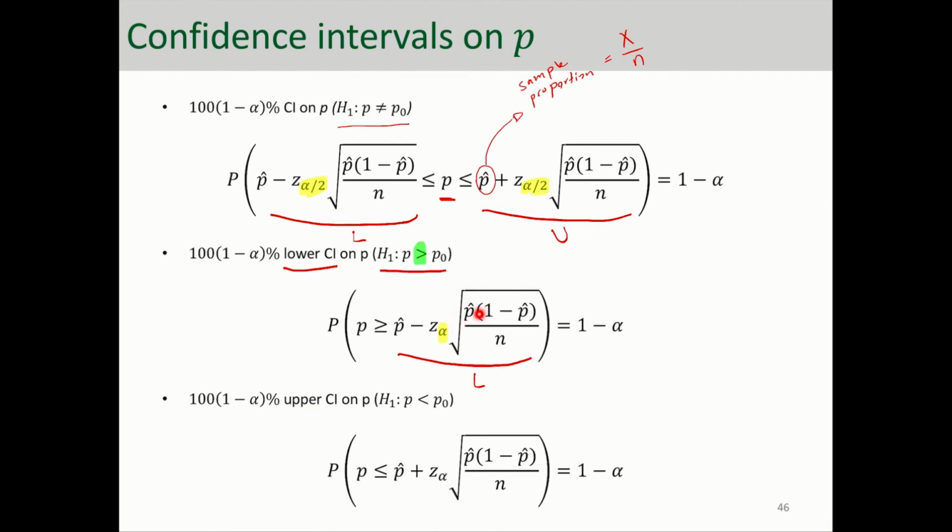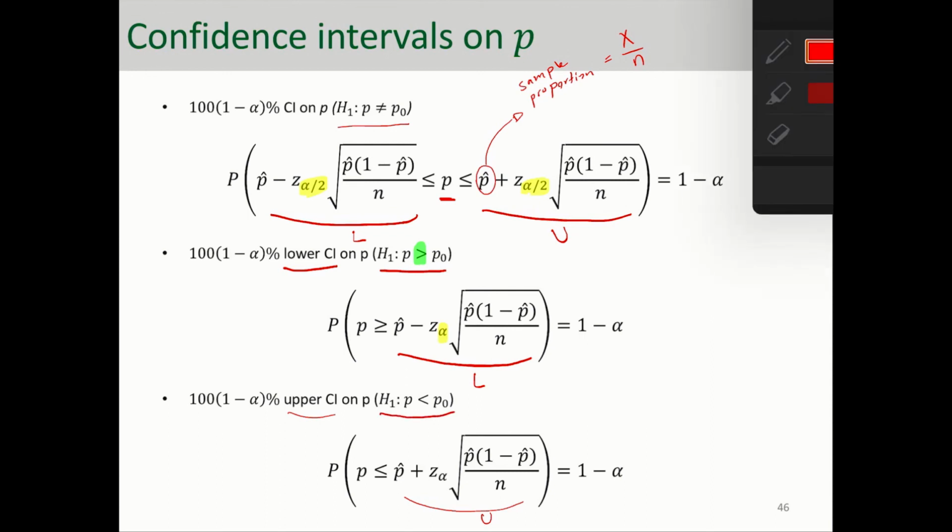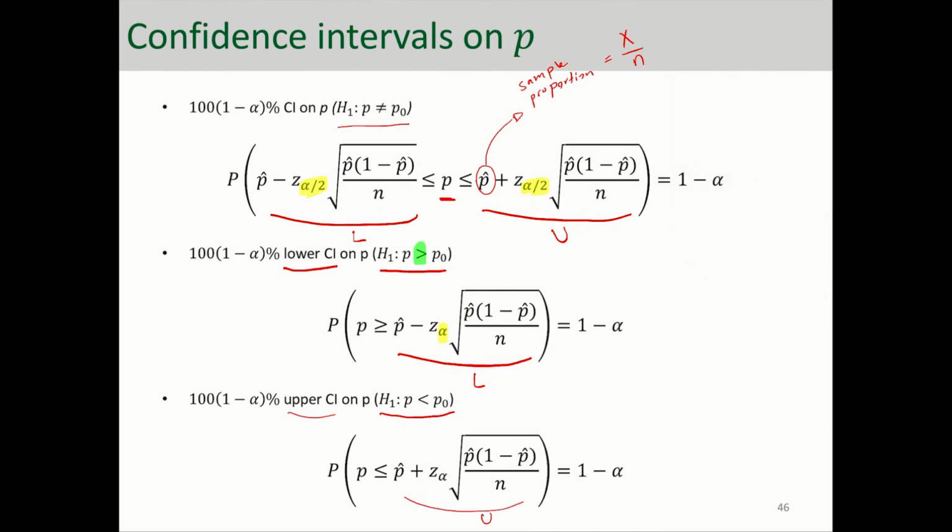Again, the p hat is the same sample proportion. And the upper confidence limit, as you can see here, is applicable when you have a one-sided test of type less than, and you calculate that using a similar formula. So this is how you calculate confidence interval. We're going to apply all of this in an example in the next video.